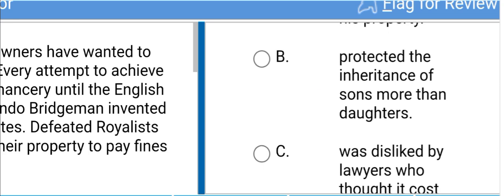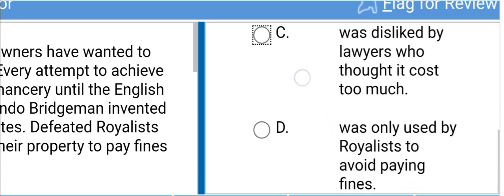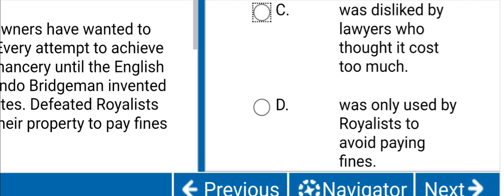Option B, protected the inheritance of sons more than daughters. Option C, was disliked by lawyers who thought it cost too much. Option D, was only used by royalists to avoid paying fines.